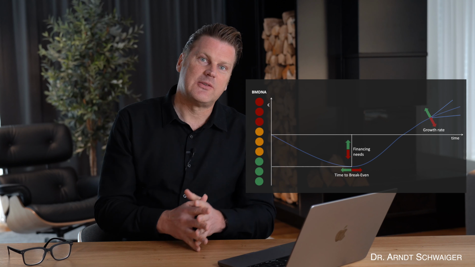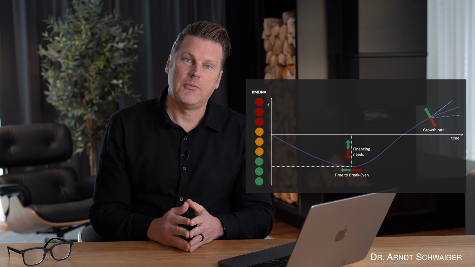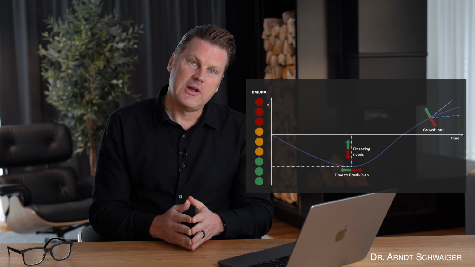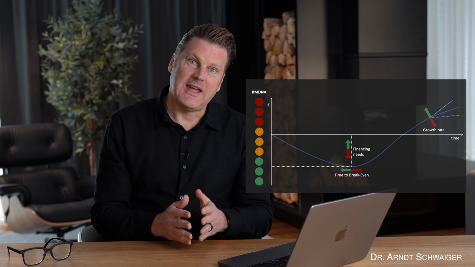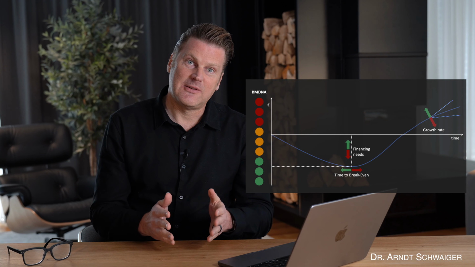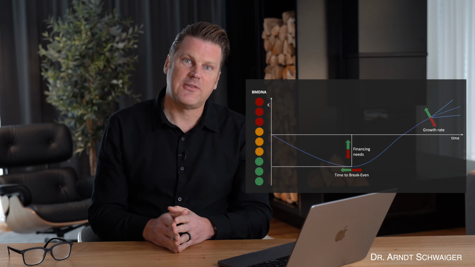So going back to our business model here in the financial plan, this is actually more or less the same. So the estimated arrival time is the time to break even. The energy consumption, the gasoline consumption is the financing needs, and the progress on the track is the growth rate.